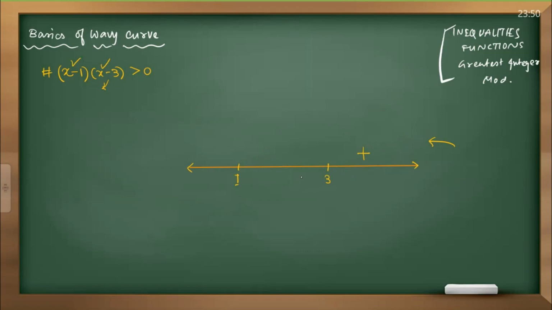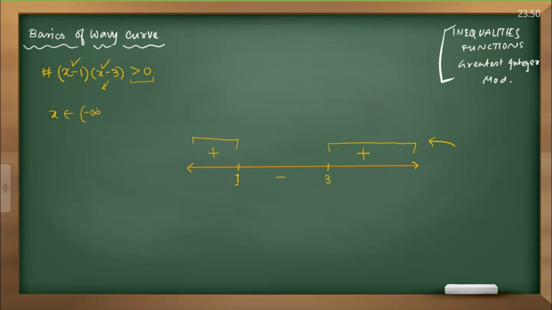So what we do is, at 1 and 3, here is plus, then here there will be a minus, and then again plus. So we get this region as positive and this region as positive. And they told us to find the values where it is positive. So what will we give as the answer? X belongs to, we write these notations now.